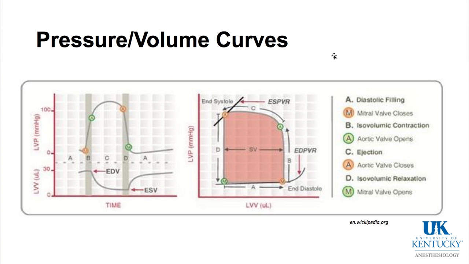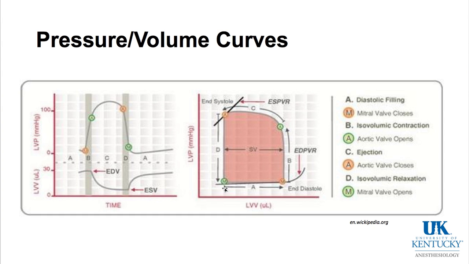Let's look at pressure volume curves next. And we're going to start at the bottom following diastolic filling of the left ventricle first. So if we look at the y-axis, you can see that it's left ventricular pressure in millimeters of mercury. And on the x-axis, it's left ventricular volume. So it's a pressure volume curve.